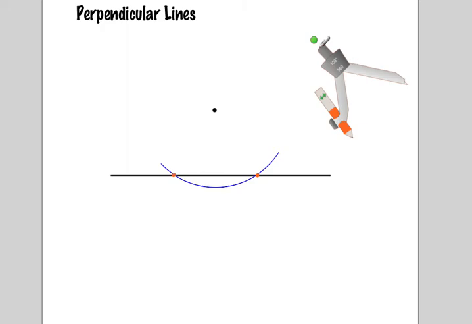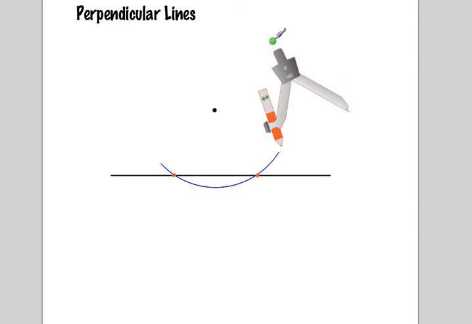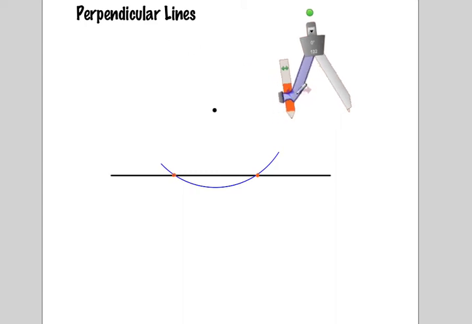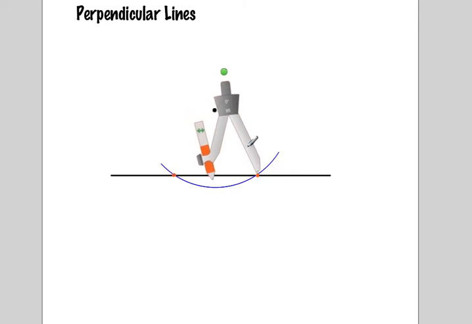We've already done the perpendicular bisector before in this class, so you should hopefully remember how to do that. If I could work my mouse better. Here we go. Shrink that up. When you do a perpendicular bisector, you need to open your compass more than half of the length of the segment and less than the whole length of the segment.